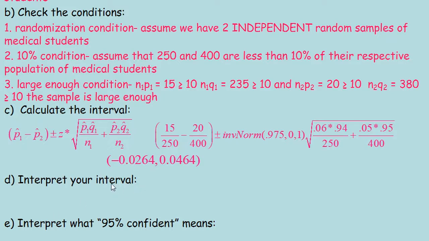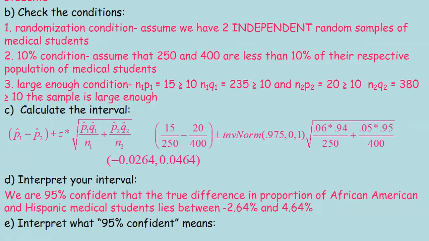That's the wording recipe. You have to say, we are blank % confident that the true proportion of blank lies between blank and blank. So here it is for this specific scenario. We are 95% confident. You have to write all that up or type it all up. But these are going to be multiple choice questions on your next test, since that's easiest to grade, right now that we're online.